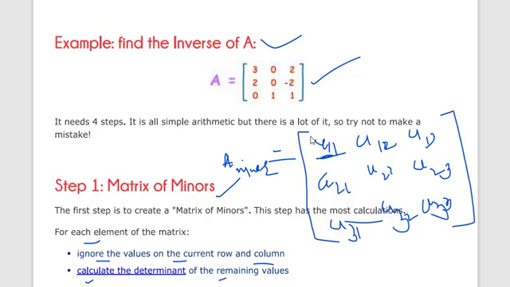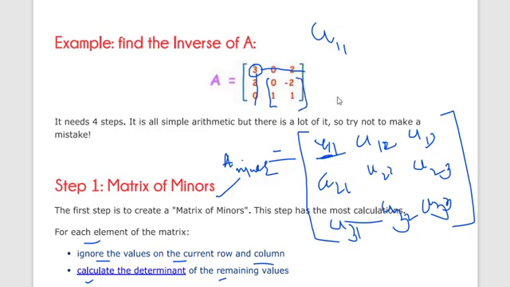So what is the value of A11? First start with A11. This is A11 here, so we will ignore this row and this column, the current row and column, and we will get the 2 by 2 matrix.